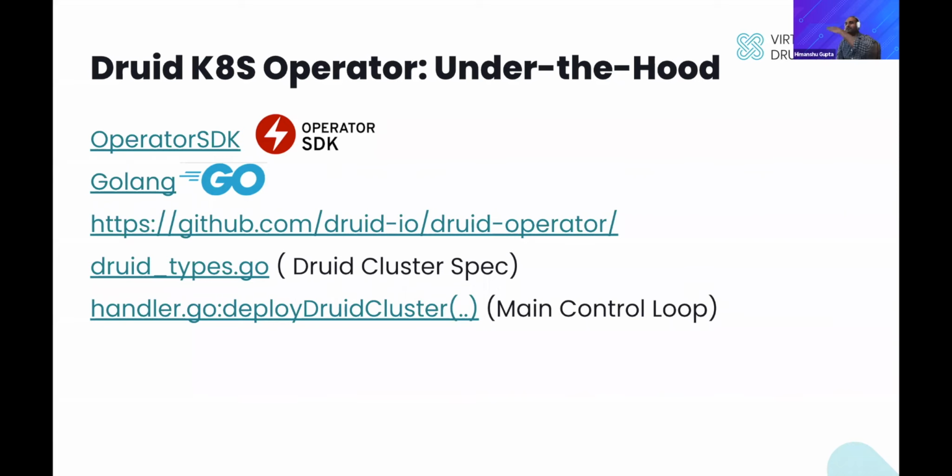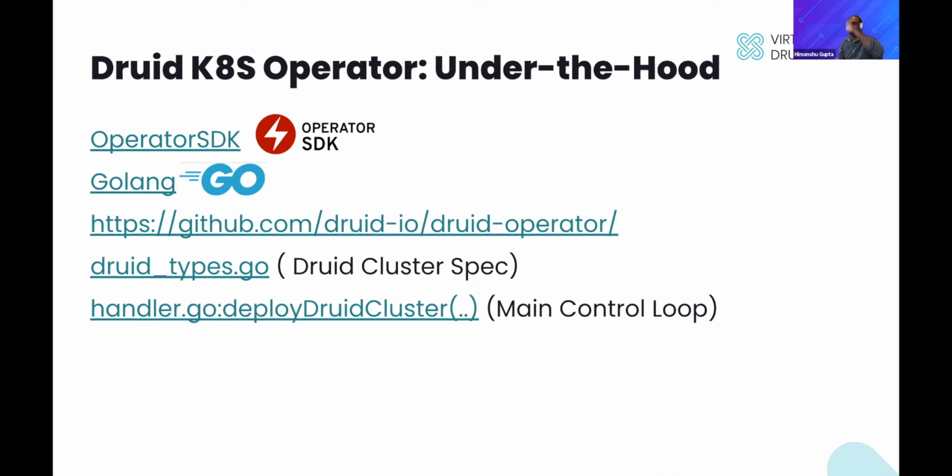You can find the source code for Druid operator here. If you become curious enough to go and look at the source code, I think there are two files you should get started with, you can click these links. Druid_types is the file where the user spec, what is submitted to the operator, is defined. This is the source of truth about what the input to the operator is that the user submits.